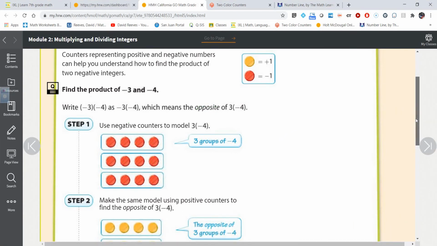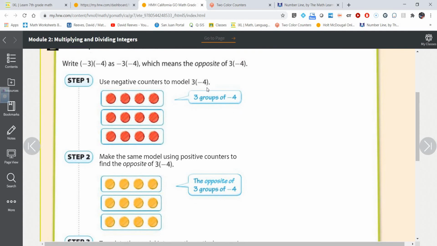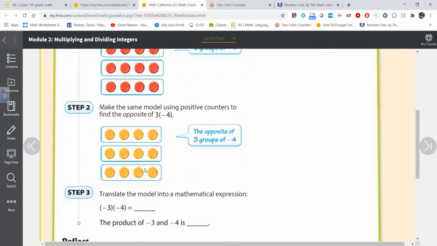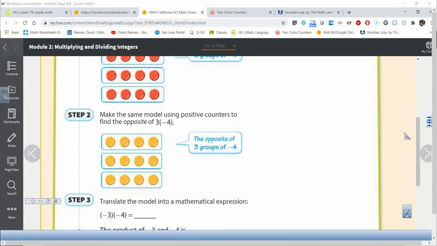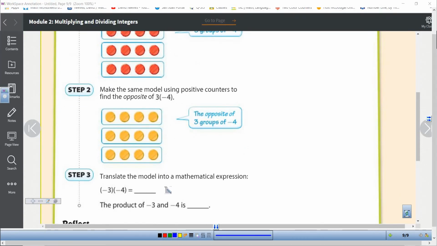All right, so what we had here was 3 times negative 4, which we already said was negative 12, right? And the opposite of that, they take that and just make everything the opposite, and you get them to be positives, all right? So the opposite of negative 3 times negative 4 is a positive 12, or a negative times a negative is a positive.